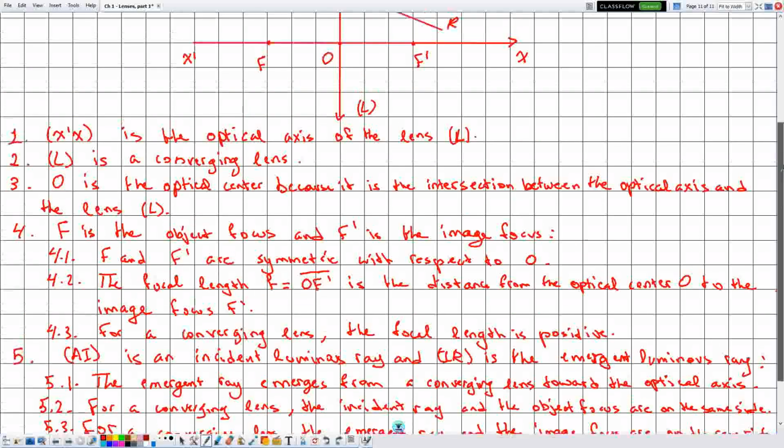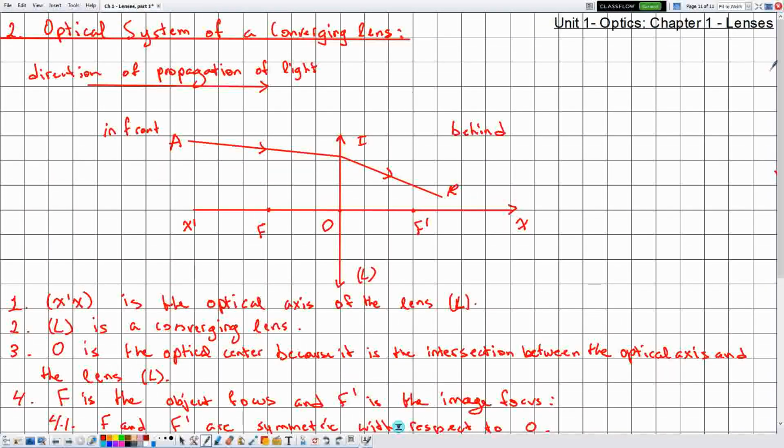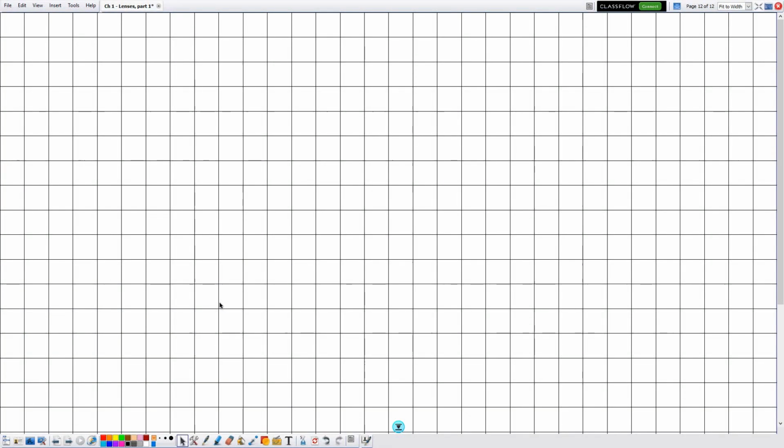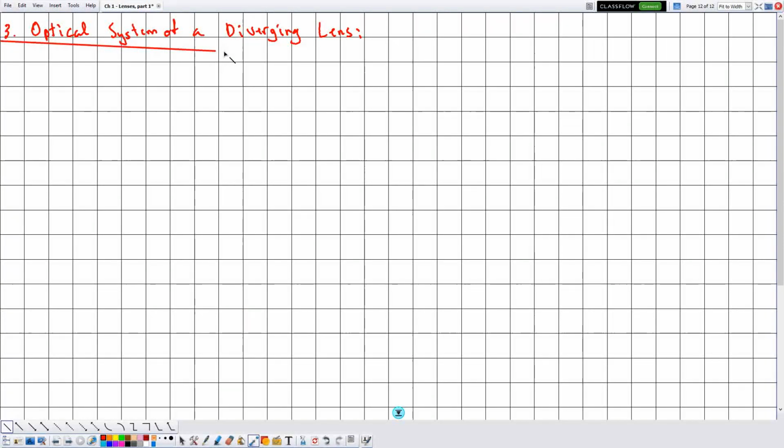Okay, so the same analysis will be repeated for the optical system of a diverging lens in the next section. Then section 3, optical system of a diverging lens. We will repeat exactly the same steps as I have said.